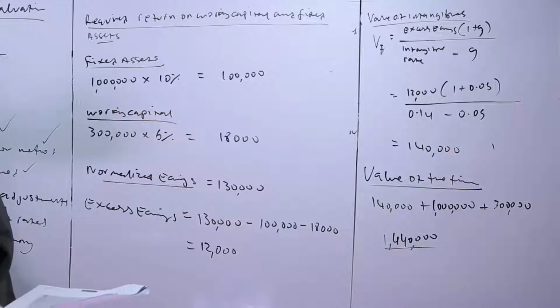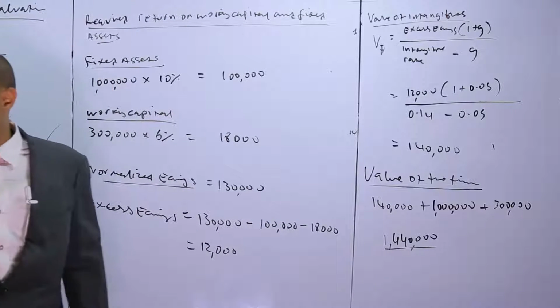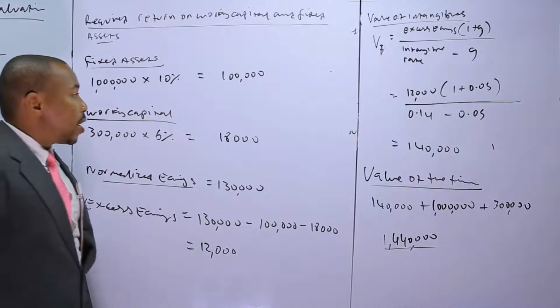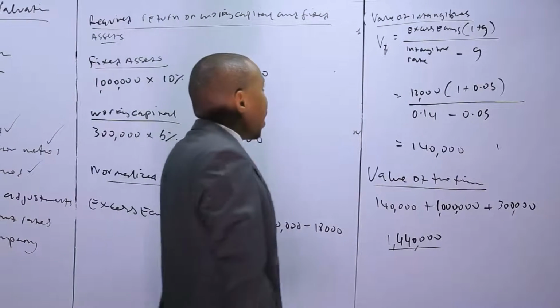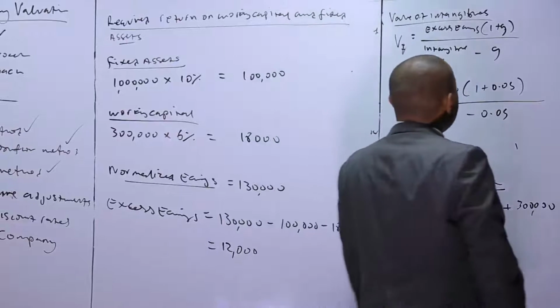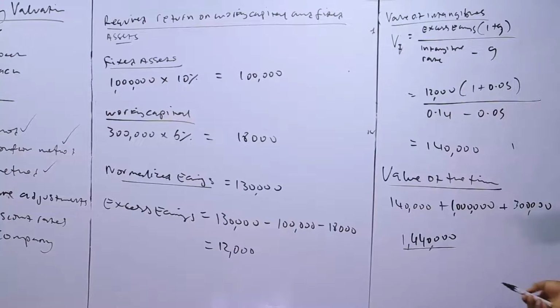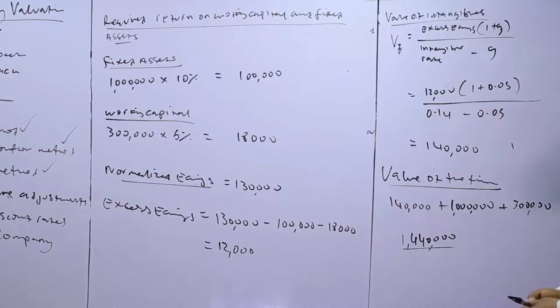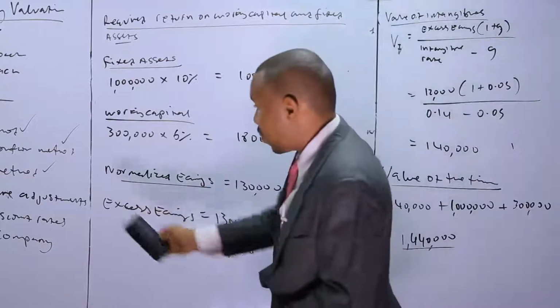Now, having looked at those three methods under the income approach, we will conclude this lesson by looking at the factors that require adjustments when estimating the discount rates there. So that is the final component there.